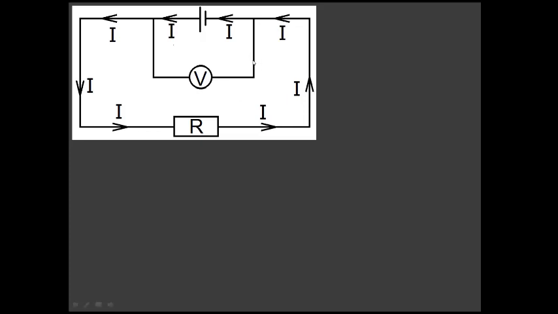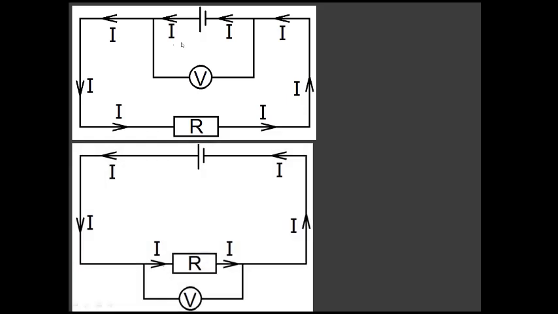So this is a closed circuit, and the voltmeter here will be reading, if you look at this, the terminal here is this point, and the terminal of this resistor is this point here. So this voltmeter will be reading the terminal PD, which is going to be the PD across the external resistance of this circuit.